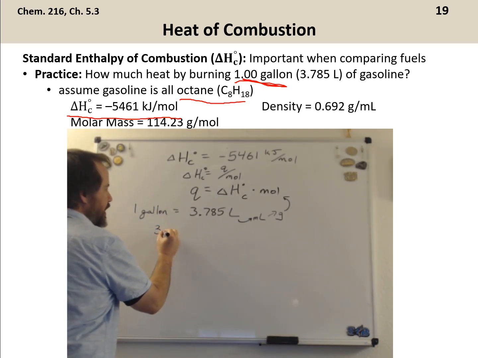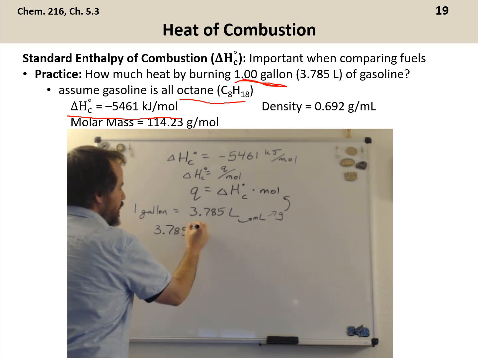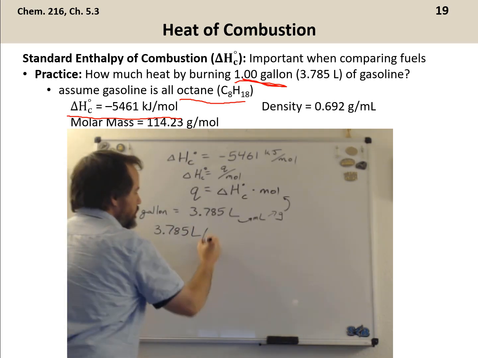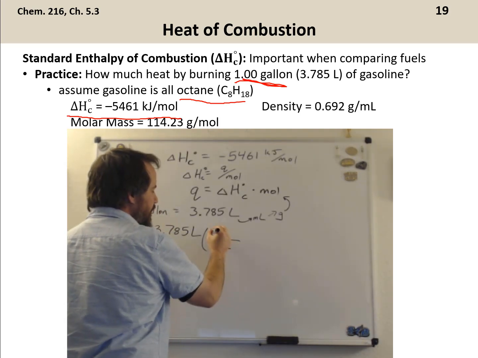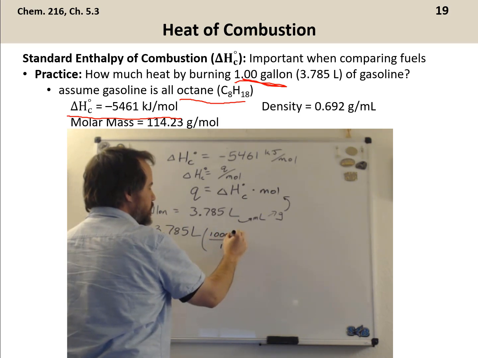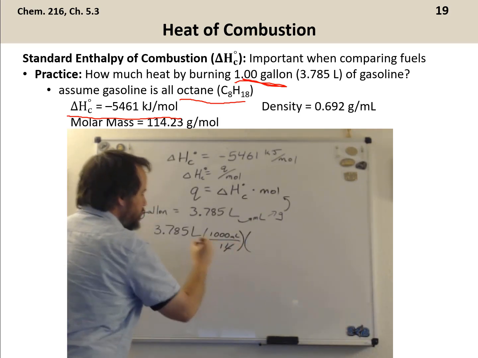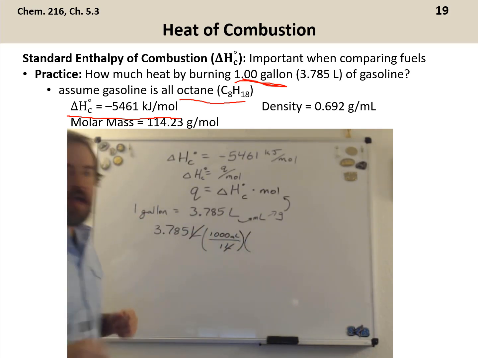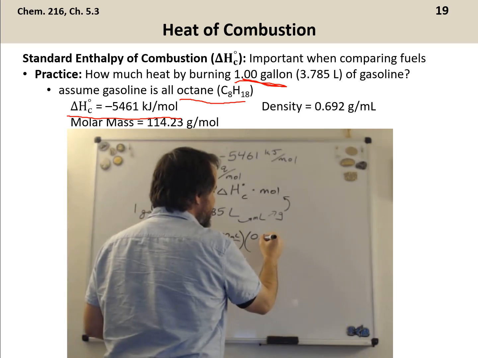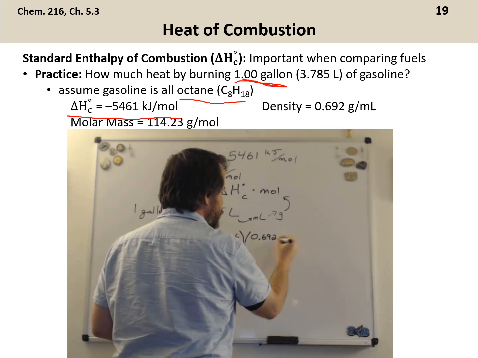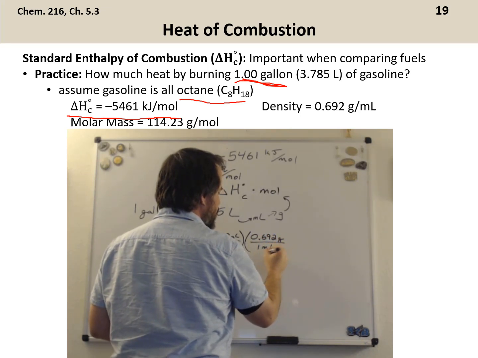All right, so we're going to do this. We have 3.785 liters. For every 1 liter, we have 1,000 mLs. That cancels out the liters. Then we get 0.692 grams for every 1 mL.